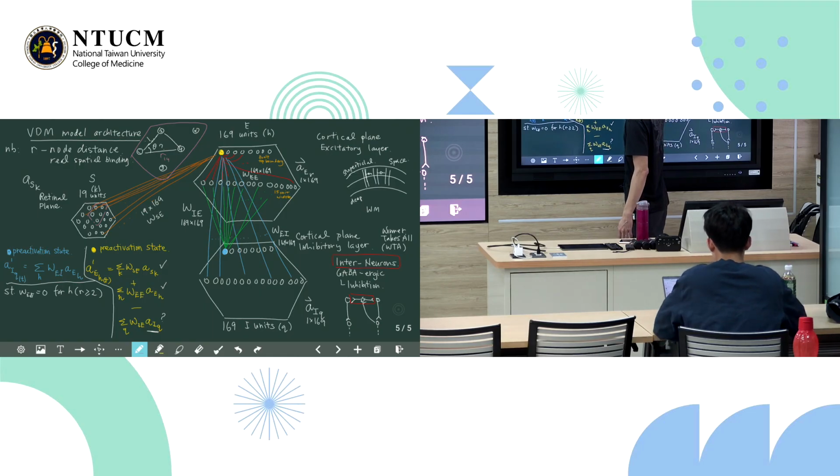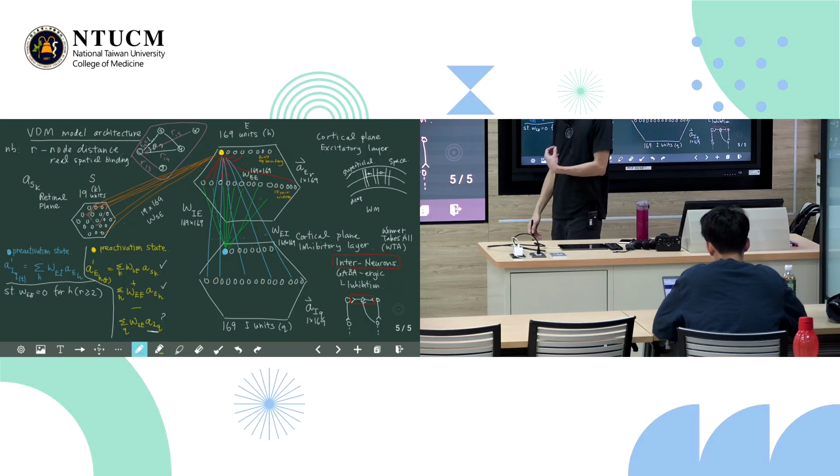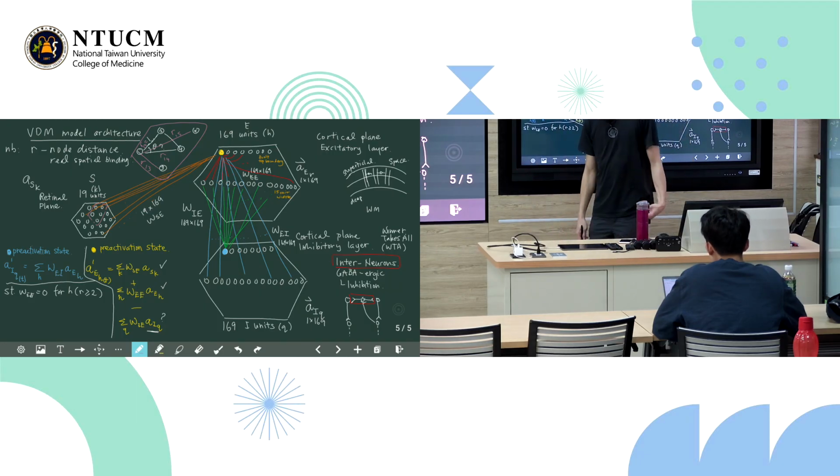So R of 1, 2 is equal to 1. What is R of 1, 4? R of 1, 5? You can calculate R of 1, 3. You have all the R's of all the nodes to every other node. You can calculate that. So that's what R is.